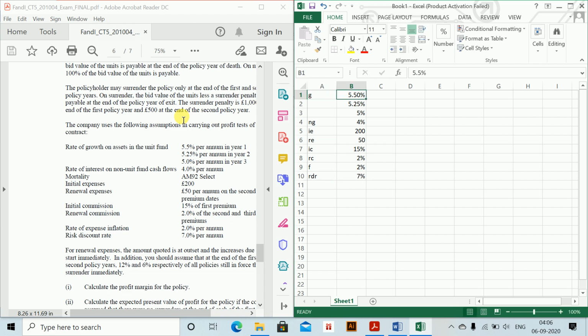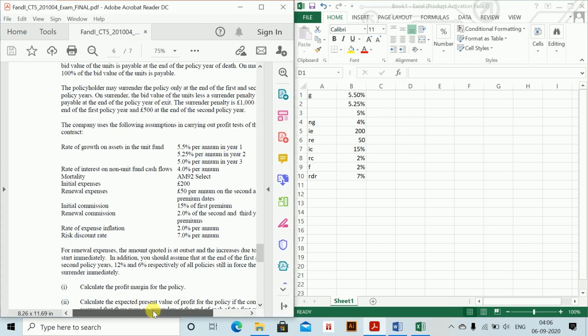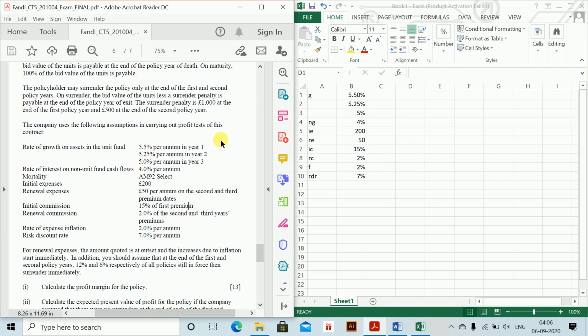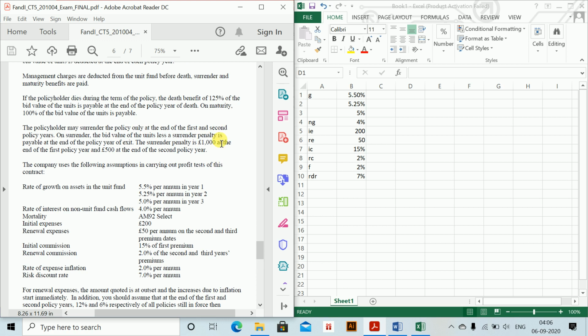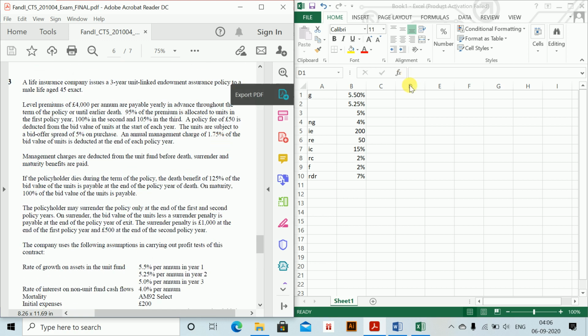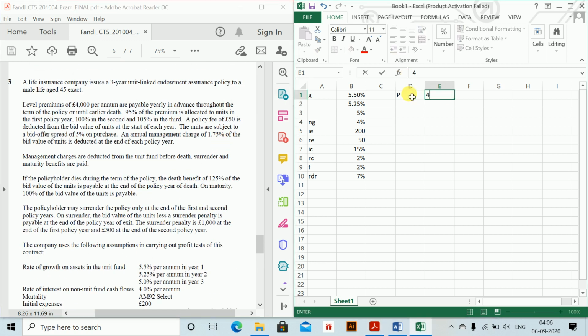Okay, this is there, and what else is given to us? Premium is 4,000, payable yearly. 95% of the premium is allocated first, so allocation charge 1 is 95% and then 100%, and then 105%.